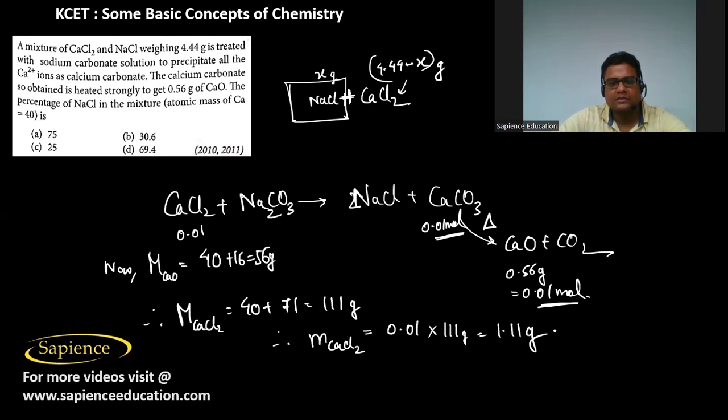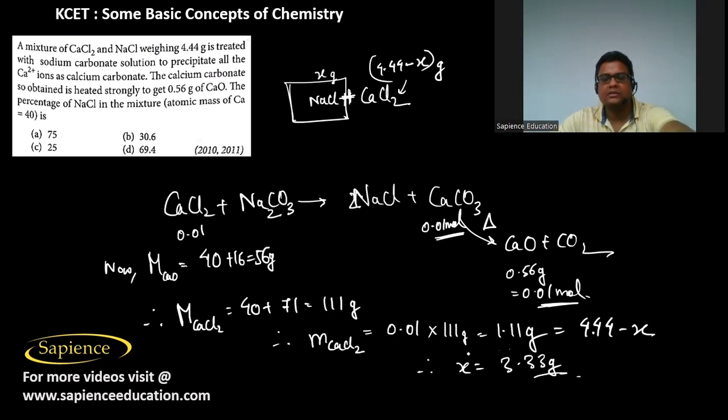So this mass of CaCl2 is equal to 4.44 minus X. So 4.44 minus X is 1.11 gram. Therefore X will be equal to 3.33 gram. So the mass of NaCl present in the mixture is 3.33 gram.